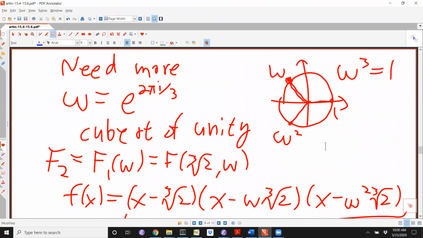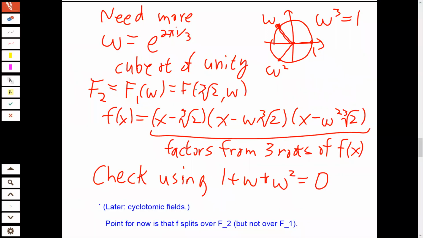Are there any questions for now about what is meant by a polynomial splitting over a field, and about how I constructed that?